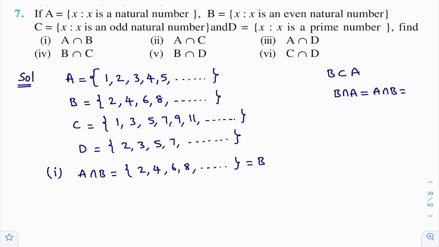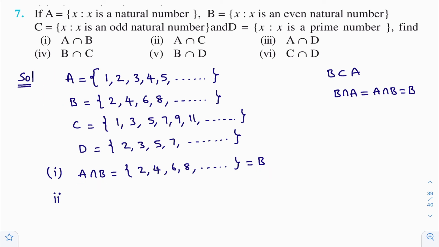That is B. I hope you understand. That is what happened here. So, there is no need of doing all this procedure when you realize that B is a subset of A: the intersection is B only.